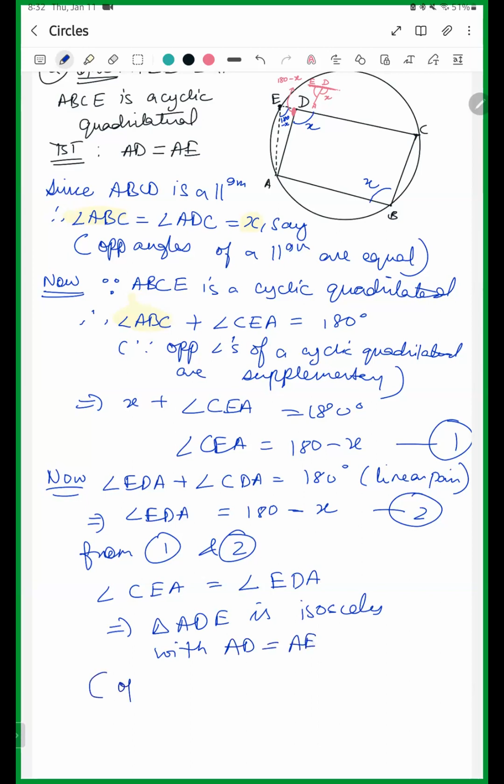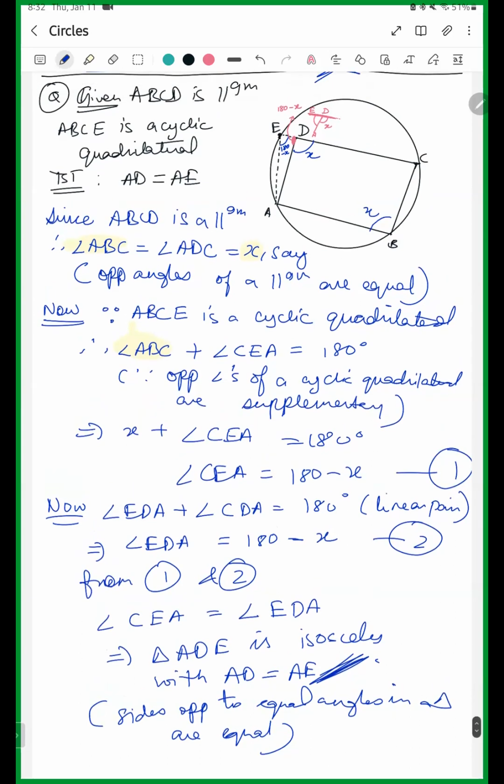Reason: sides opposite to equal angles in a triangle are equal. And with this, you're done. And with this, we are also done with the chapter circles.